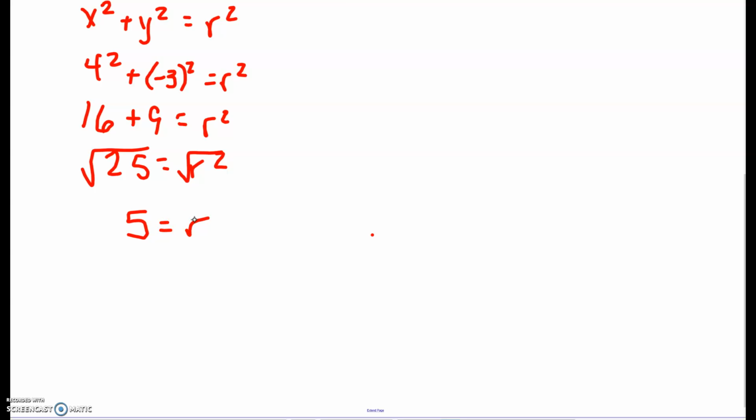We do not worry about taking both positive and negative values because this is the radius of a circle and it has to be positive.